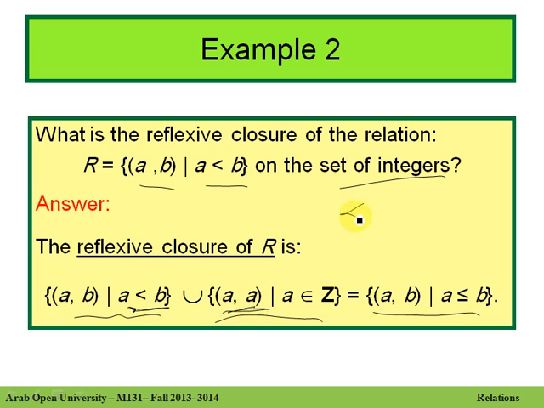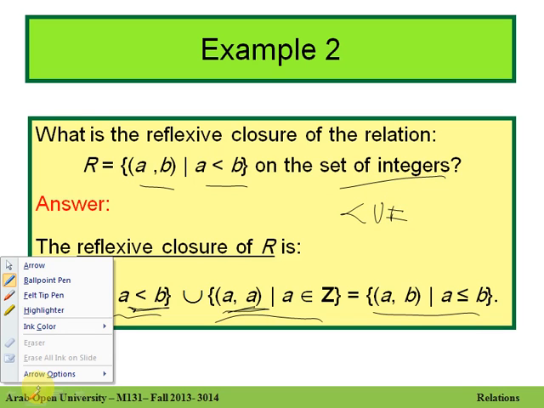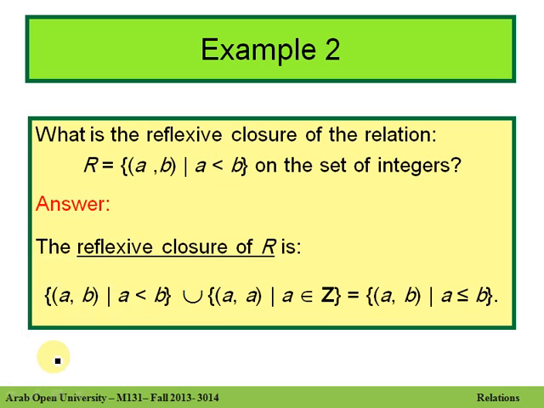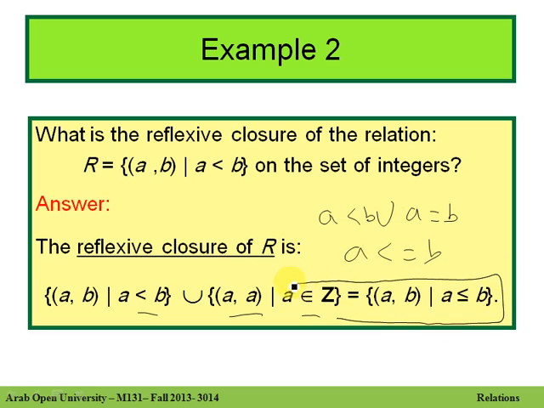When you union less than with equal, you have a less than b and a equal to b. Then if you union these two, what is it? Less than or equal to b. So this is the closure relation, a comma b such that a is less than or equal to b.